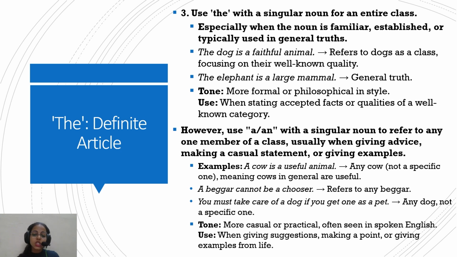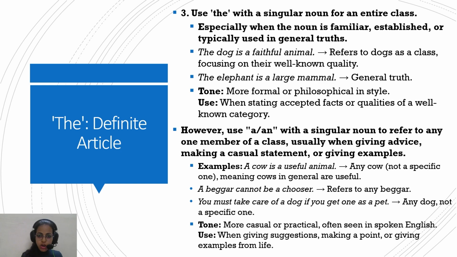Or a beggar cannot be a chooser. We are not talking about any specific beggar. We are talking about the whole beggar community. So any beggar in the whole community cannot be a chooser. You must take care of a dog if you get one as a pet. So not any specific dog is being referred to here.